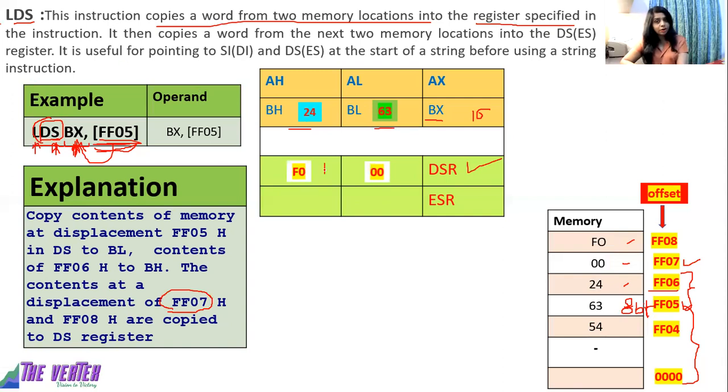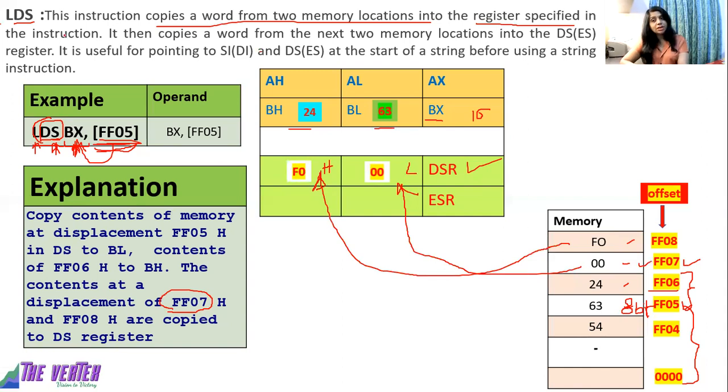This is the higher byte of the data segment register, and this is the lower byte side. So the contents of FF07 will be loaded into the lower side, and next, FF08 will be loaded into the higher side of the data segment register.